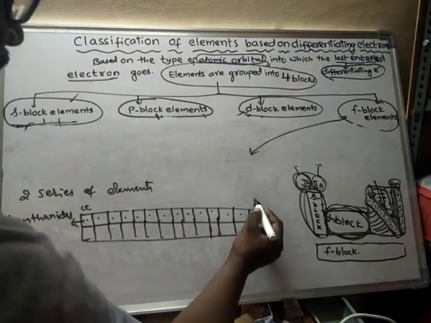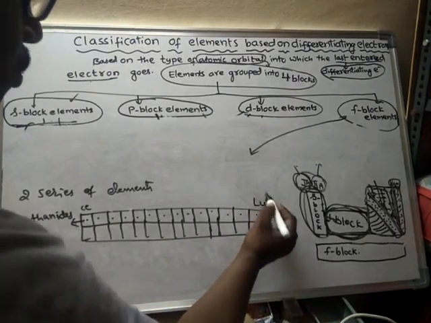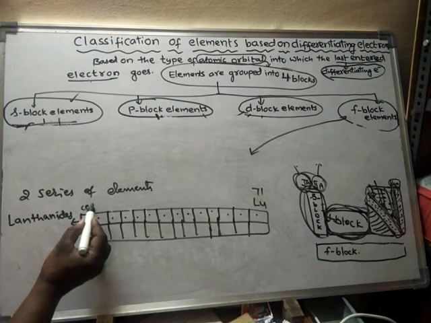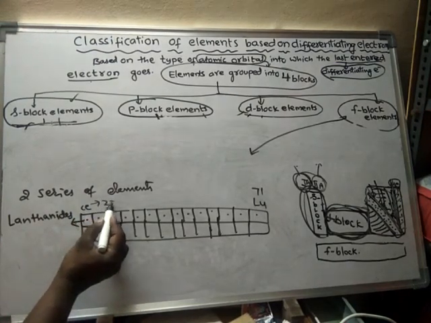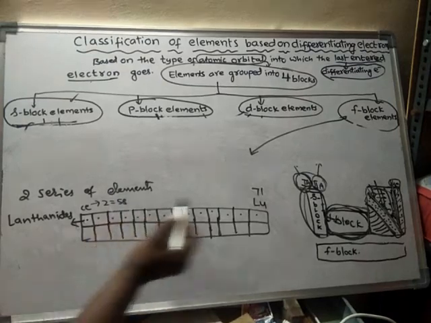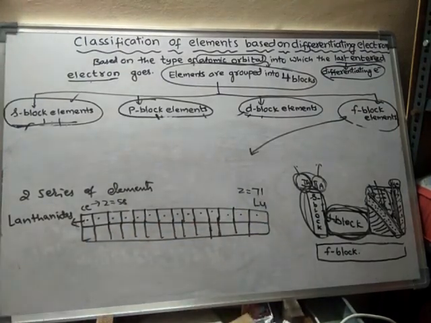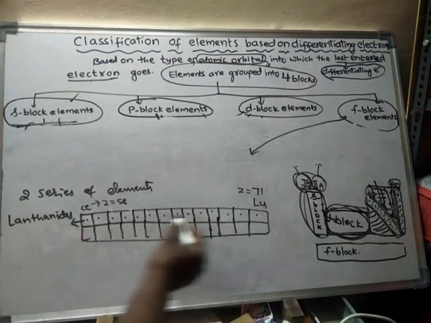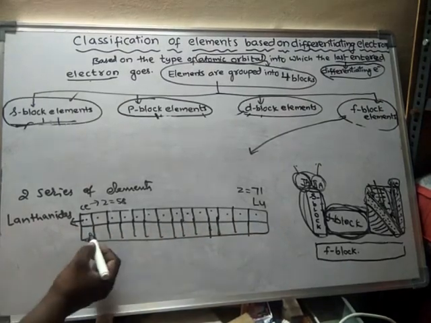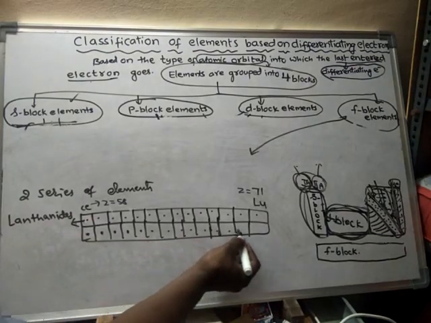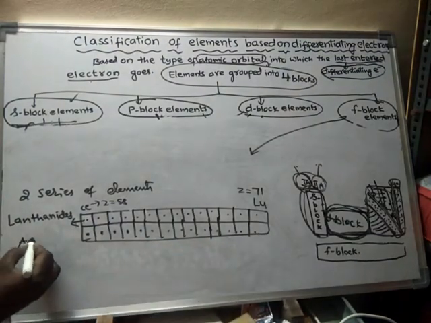The last element of lanthanide is lutetium, whose atomic number is 71, and the cerium atomic number is 58. Cerium, its atomic number is 58, whereas lutetium, its atomic number is 71.